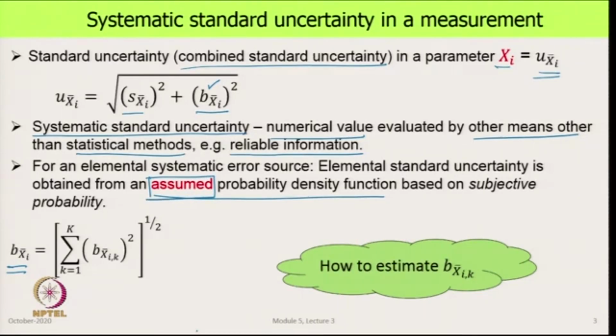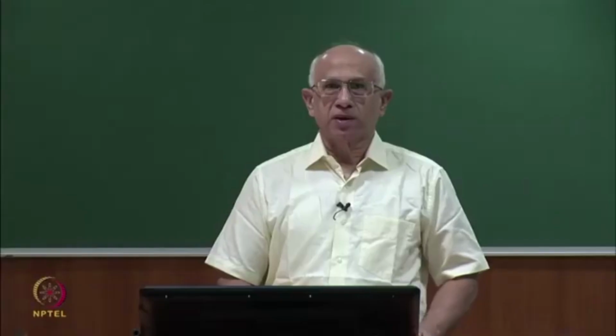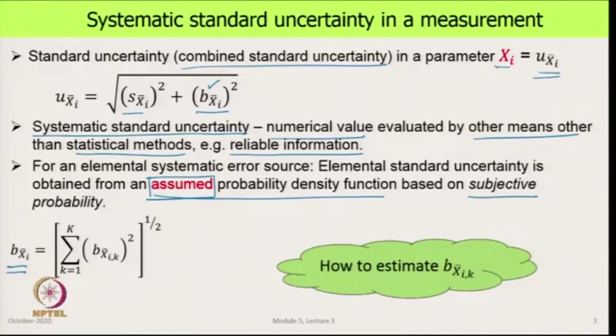We do not know this function, we do not have data to make this function, and so we are subjective in our analysis, and we say, well, this particular error is coming from such and such a type of distribution, and if that were the case and this is the data that I have, how can I associate a standard uncertainty or a standard error for that distribution?